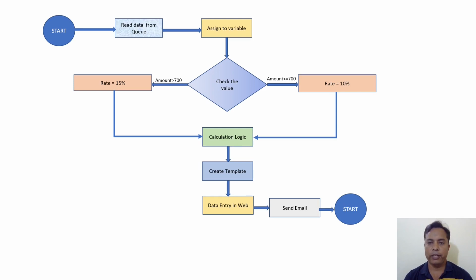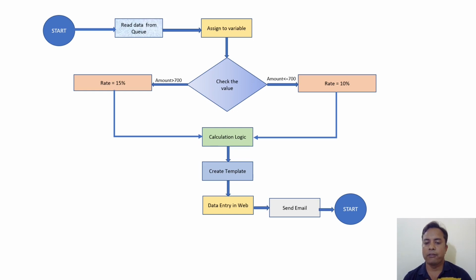Alright, so now let's talk about the performer bot and how that entire bot is going to work. The starting point of the bot would be to read the data from the queue. After reading the data, the UiPath RE framework would assign that data to variables, and those variables would be sent to different UiPath workflows. In the first workflow, we will check what the amount is, and based on the amount, what the tax percentage should be.